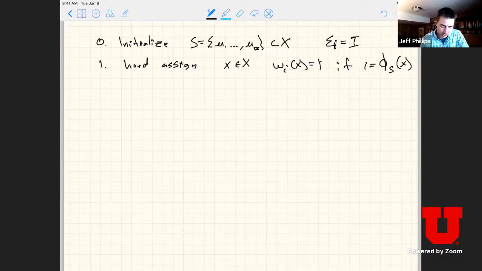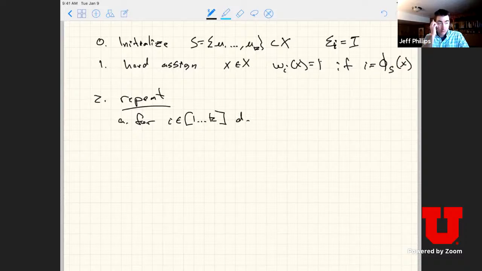Okay, and then step 2, we're going to have this repeat step, which is going to be the meat of the algorithm here. Now we're going to have a for loop over all of the centers, for i in 1 up to k. And the first step is the replacement of the centering step. This was step B before, so we'll call this step B inside of here.